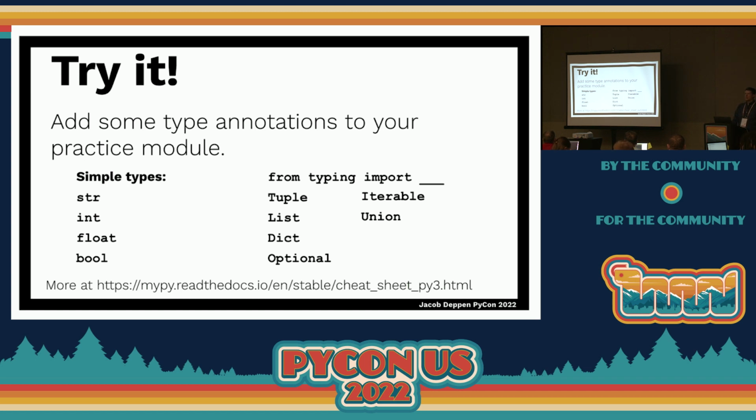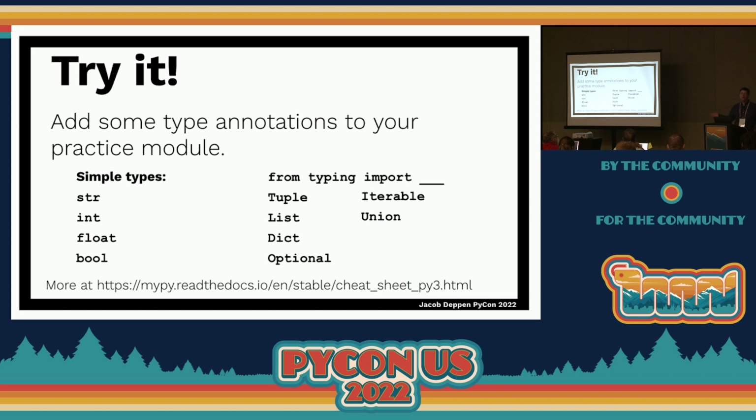There are some other special types that you might want to know about. Optional is something that could be None or it could be a value, so we call it optional. I'll show you an example of that in a second. Iterable is a more generic type for something like a list or a tuple that can be iterated over.